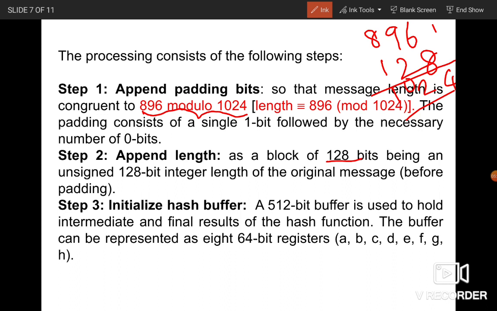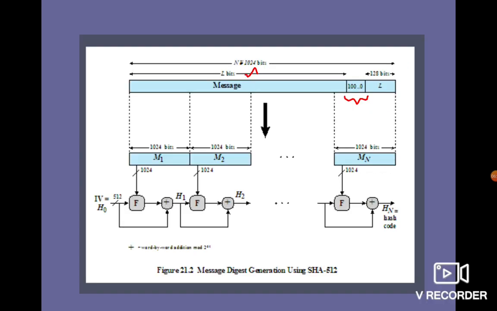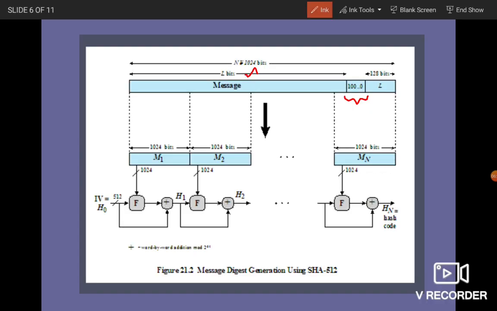That's why padding is done so that the message length is congruent to 896 modulo 1024. As I said, padding is nothing but a single 1 bit added with the necessary number of 0 bits. Then we add 128 bits giving the length of the original message before padding.